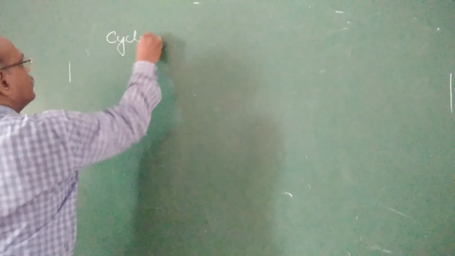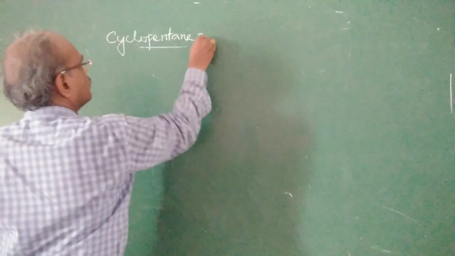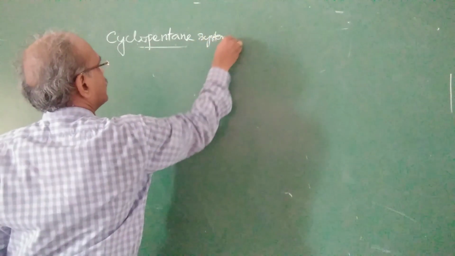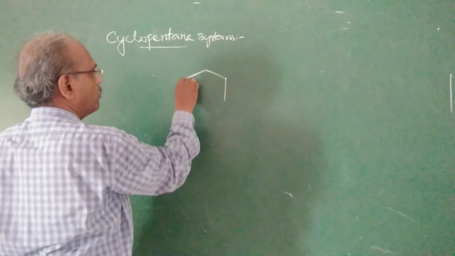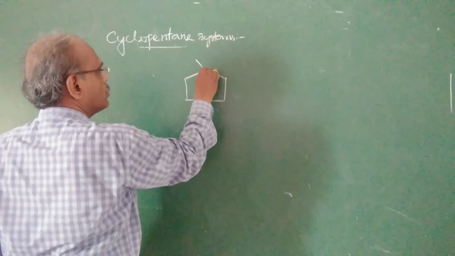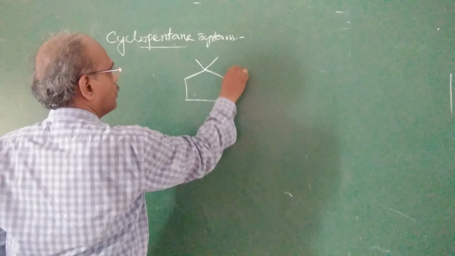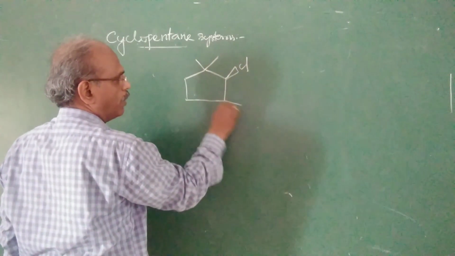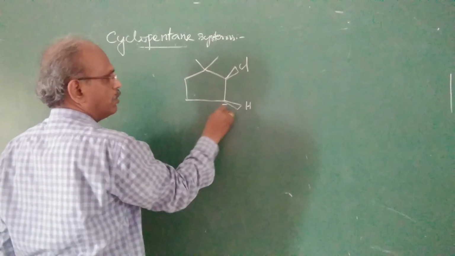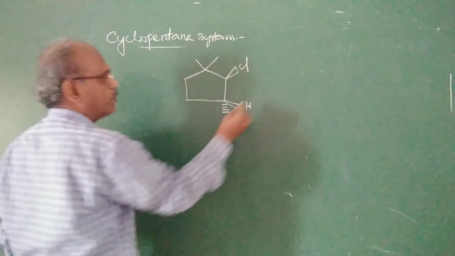Now come to cyclopentane systems. Take once again a similar one. Here Cl is above the plane, here hydrogen is above the plane, and deuterium is below the plane.